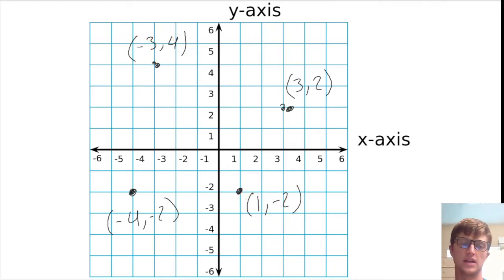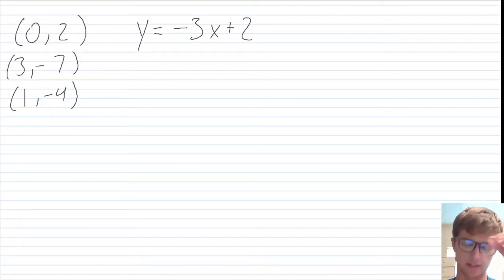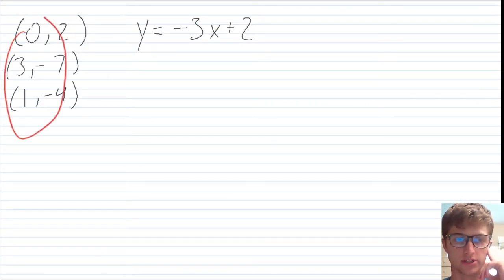That's true of any dot in one of these quadrants. Any dot in the first quadrant will always have both positive. Any dot in the third quadrant will always have both negative, and the same kind of rule applies to the other two. We'll go more into what that means later, but just notice that that's a cool thing. Let's take a look at how ordered pairs, remember these guys, relate to equations.